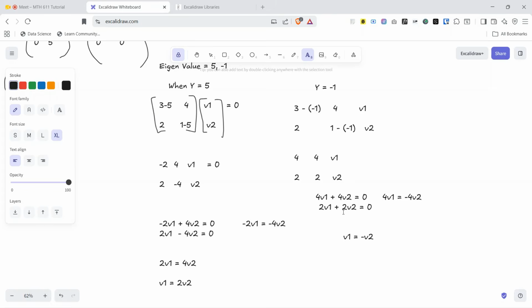Same thing if you do it here too. So we have to assume that our v2 is equal to 1, then our v1 would be minus 1.